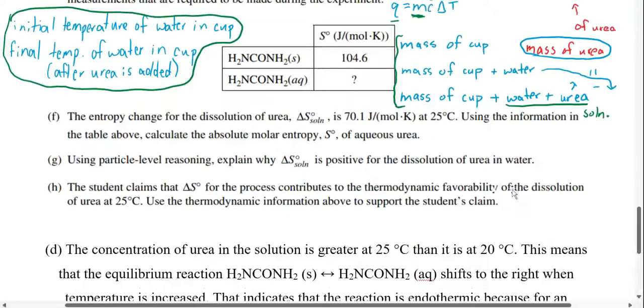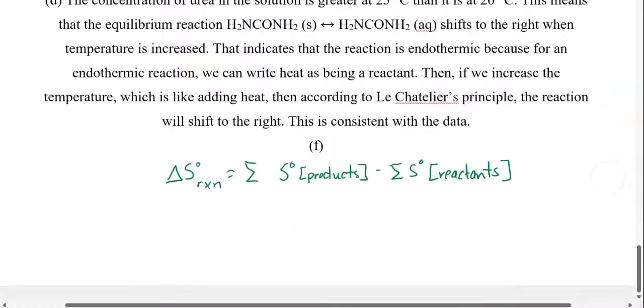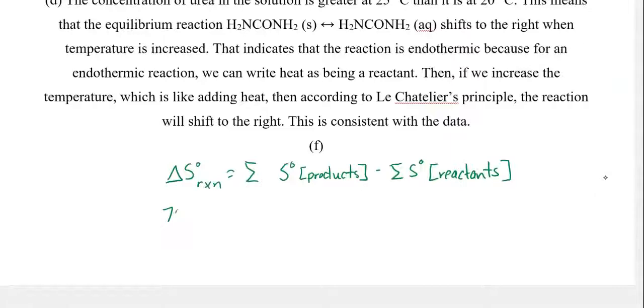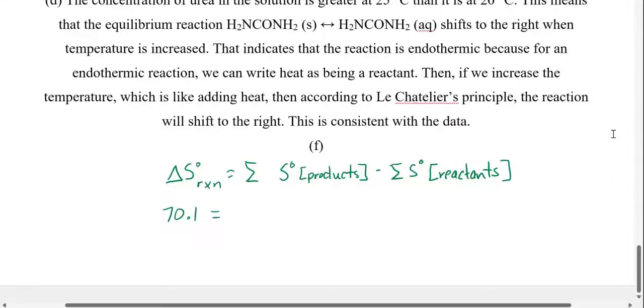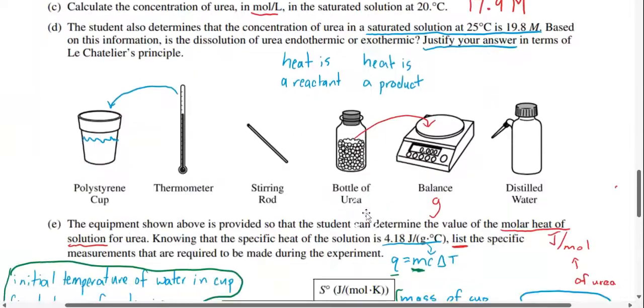Okay, so our delta S of the reaction, we're told that's this, the entropy change for the dissolution of urea for that process is 70.1. Is equal to products. Well, the aqueous, that's the products.